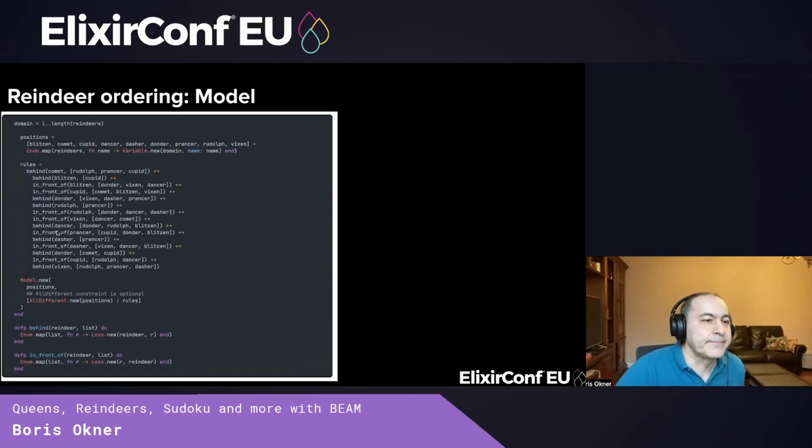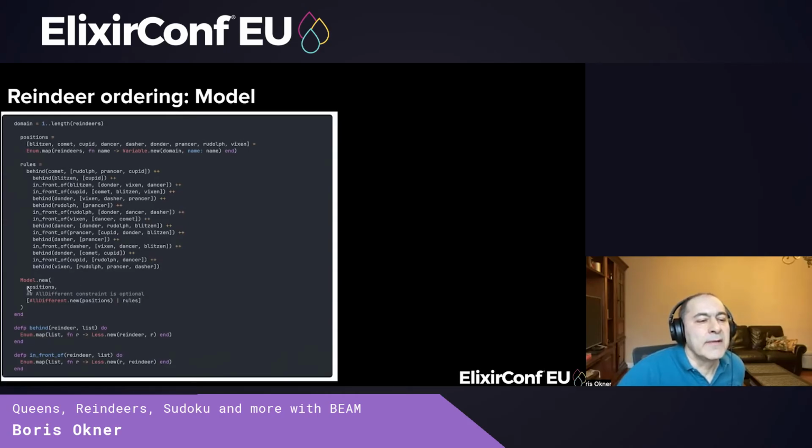The rules here are a very straightforward translation from the problem description. As you see, we just use behind and in front of functions for convenience. Each one produces a list of less constraints.